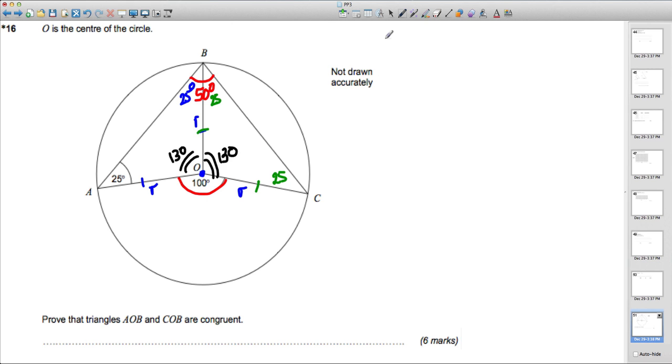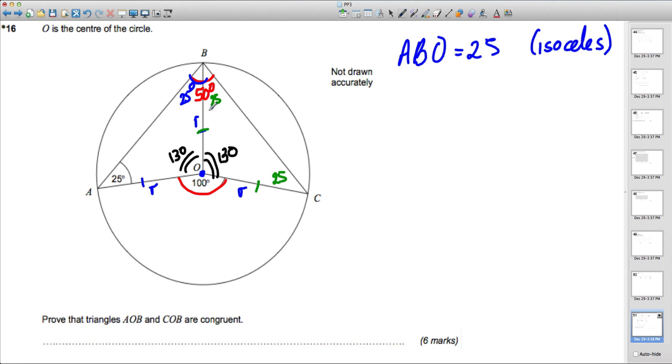So we have shown the following, therefore. How do we get our 6 marks? Firstly, let's state that this angle here, ABO, the angle at B, is 25, and it's because it's isosceles.